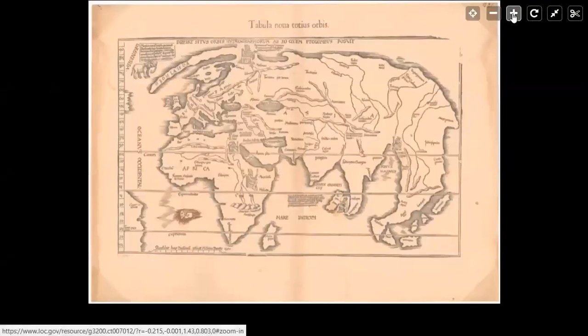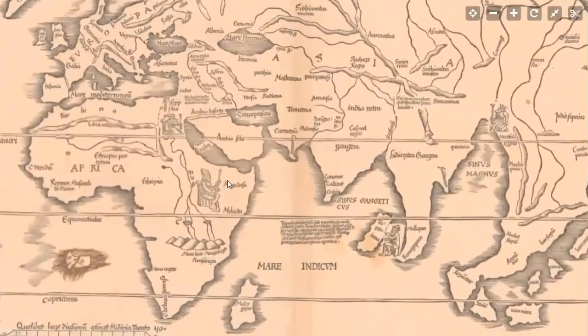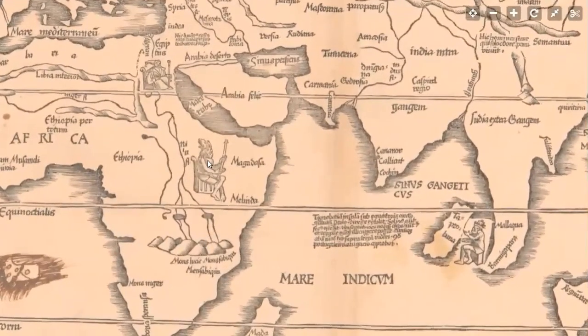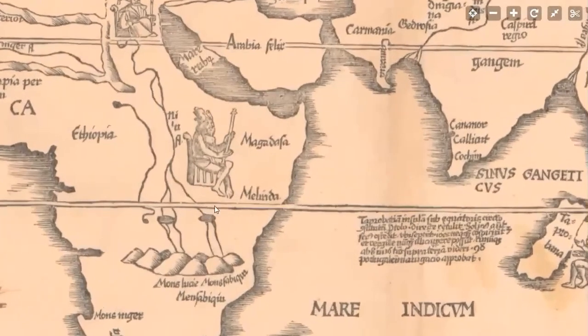This was the preoccupation, you'll recall, of the Portuguese. And in fact, one of their objectives was to find a Christian king who was reputed to be in the current state of Ethiopia, that part of Africa.